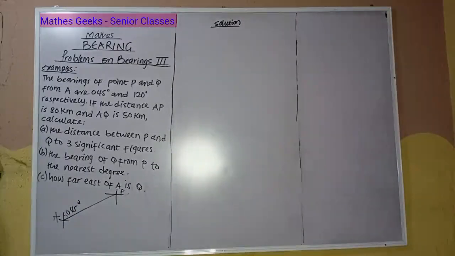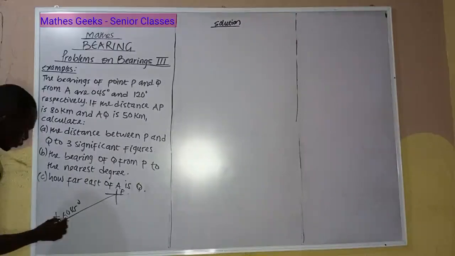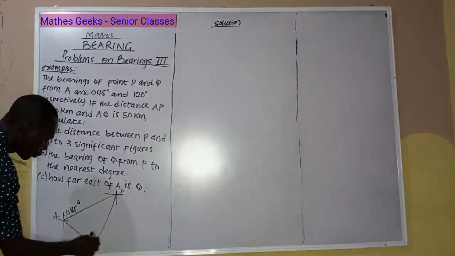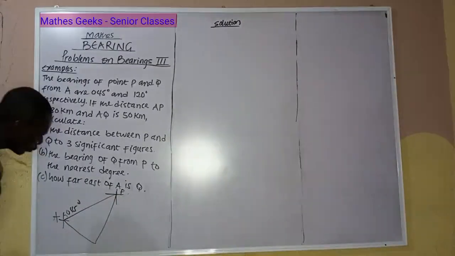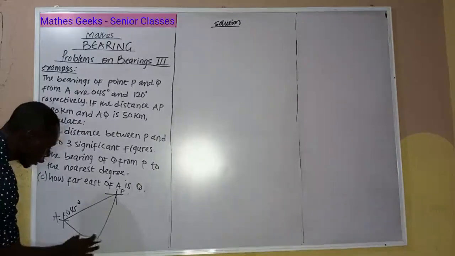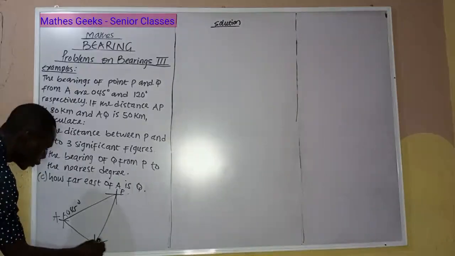And then AQ is 50 kilometers, and here 120 degrees. It's like this. This is Q.